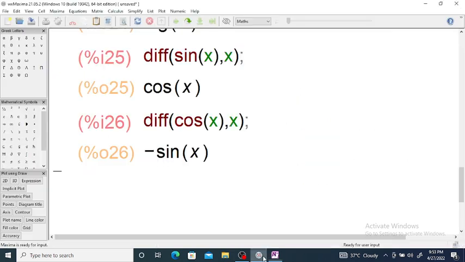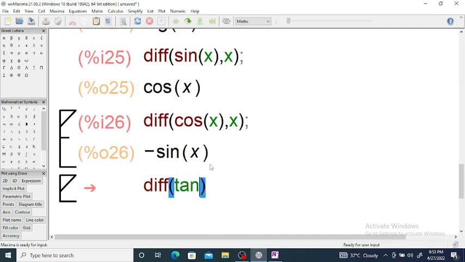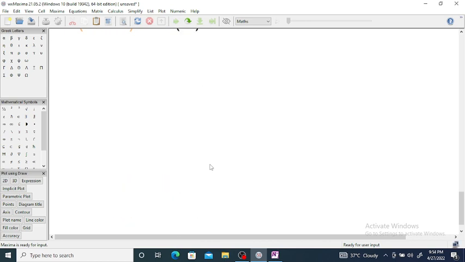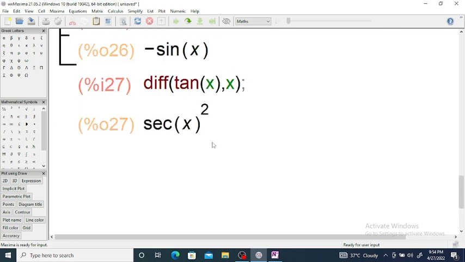Next, for tan x, you can directly write differentiation of tan x, independent variable x, and you will get sec square x.